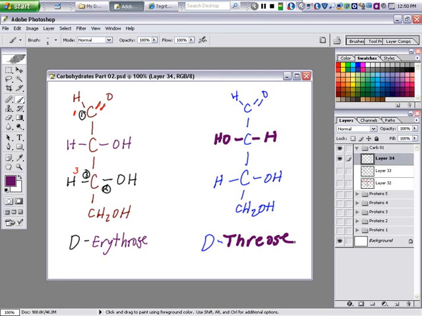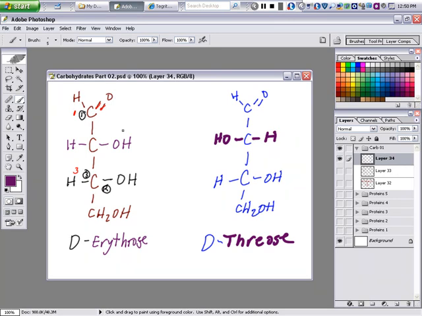Question. Okay, I see how you get them arranged, but why is it that when they're arranged differently, they become two different molecules? You got the OH on one side, the H on the other, and this is erythrose, but then on the threose you got swaps.